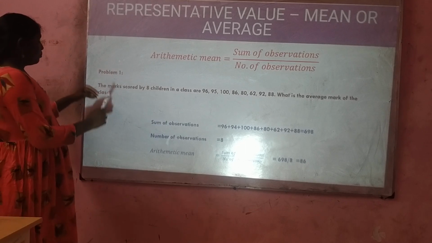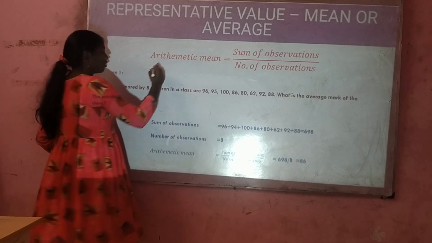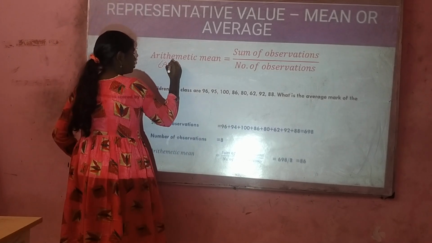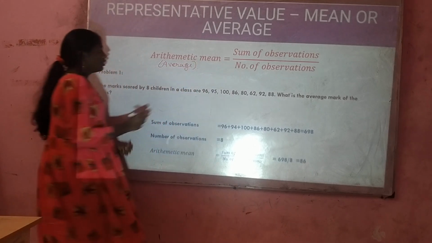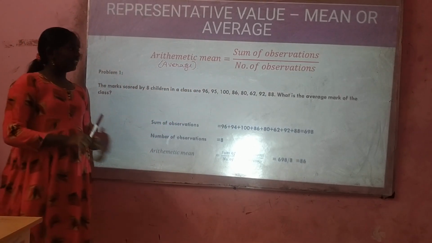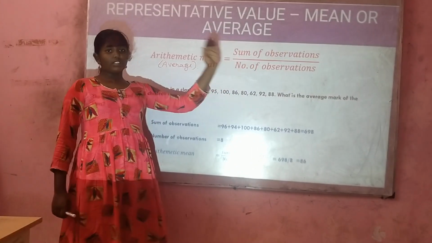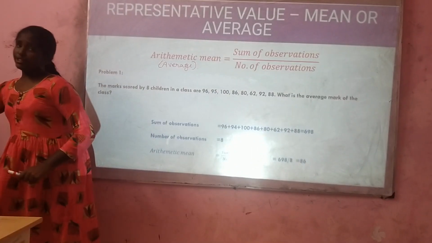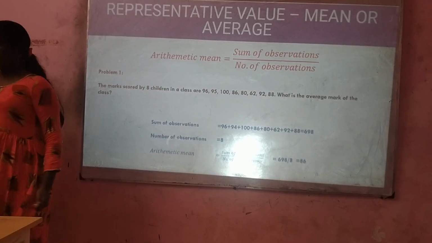Arithmetic mean is also called average. Arithmetic mean or average is the sum of observations divided by the number of observations. When we do this process, it gives us one number which we can use to denote the whole range of data.